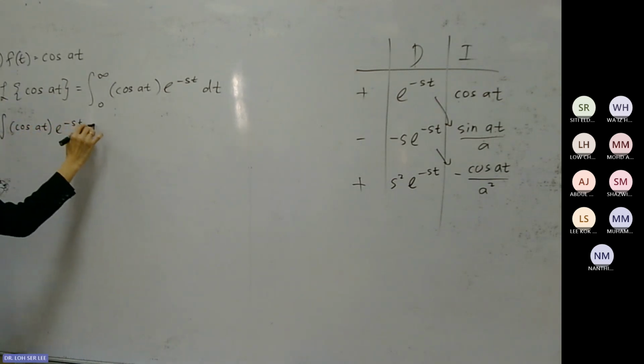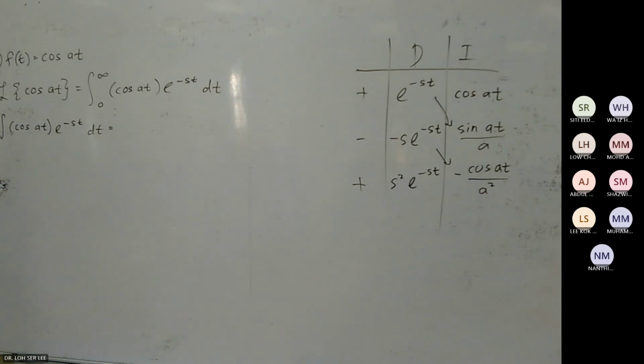Then e negative st dt. I solved the one without limit first.